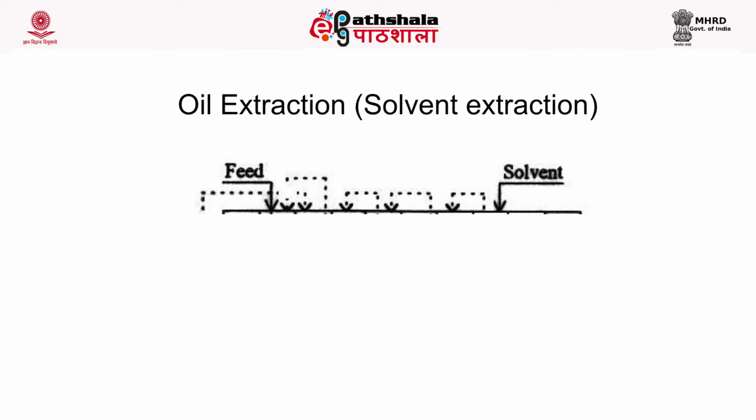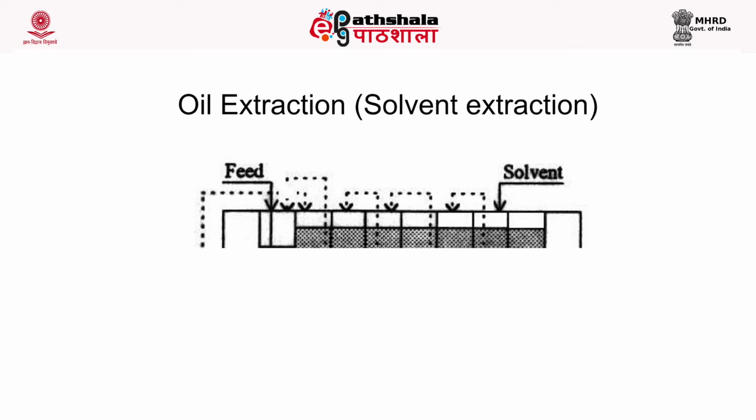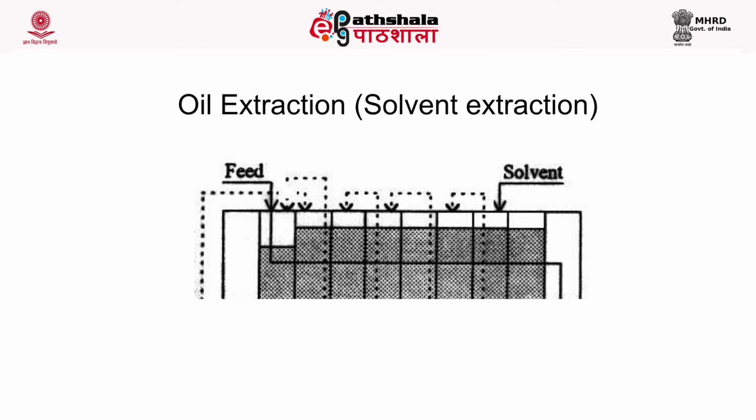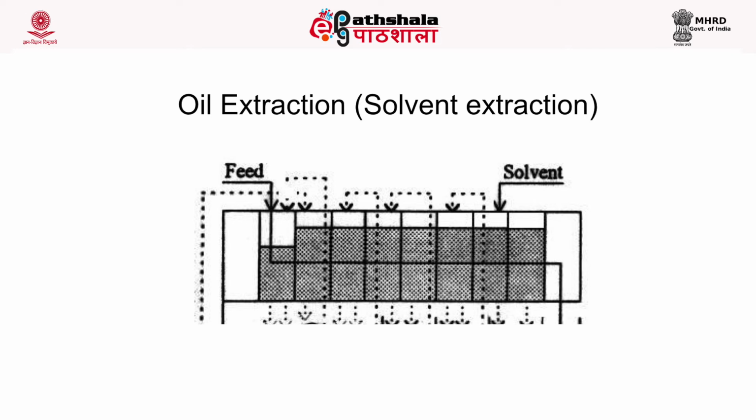And finally, we obtain the residual solid mass and a mixture of solvent and vegetable oil. The solvent is extracted by distillation from the mixture, and solvent is also recovered from the micella, which is obtained as a solid residue from the process.